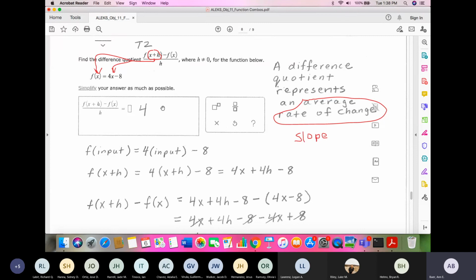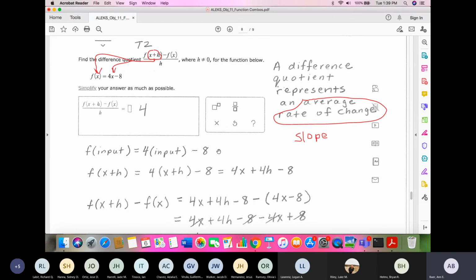So what do we do? First of all, I would take this function that we're given here and write it with the word input instead of x. So I take out the x here, and write this as f of input. And what is f of input equal to? It's equal to 4 times, see the x, take that out and put in the word input, minus 8.